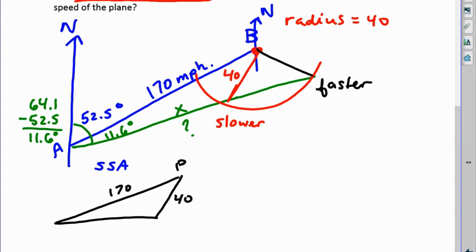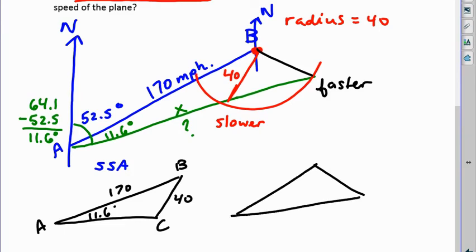So we labeled that. I'm going to call this C down here. So there's one of my triangles, the obtuse at C triangle, acute at B. But here's the obtuse at B and acute at C. That's where you're going faster.